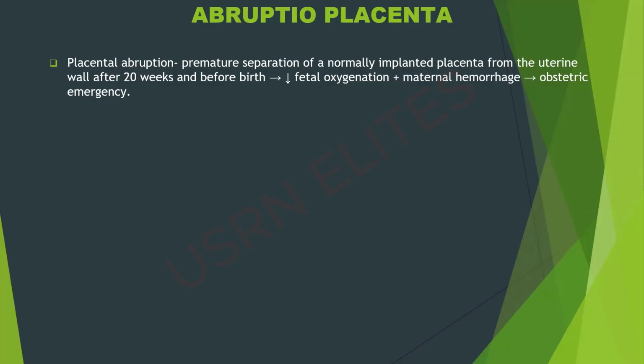So you quickly do the McRoberts maneuver, placing the mother on her side, not complete side lying, because as much as we want to deliver the shoulder, we also want to prevent supine hypotension.